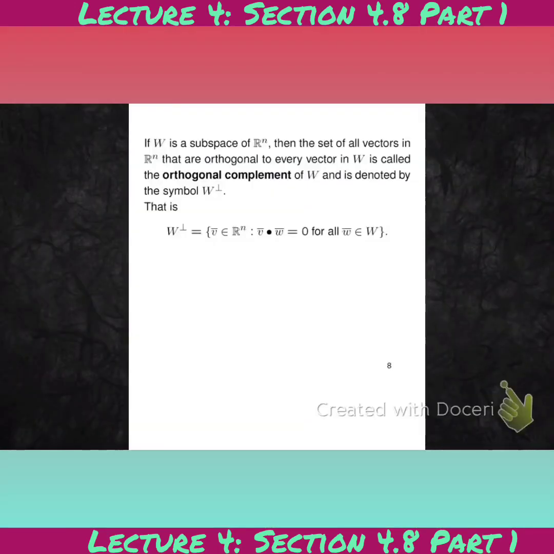Right, then another definition: if W is a subspace of Rn, then the set of all vectors in Rn that are orthogonal to every vector in W is called the orthogonal complement of W, and it's denoted by W with that little symbol there. Basically, the orthogonal complement of W is the set of all vectors in Rn such that these vectors are orthogonal to all vectors in the set W. When are two vectors orthogonal?